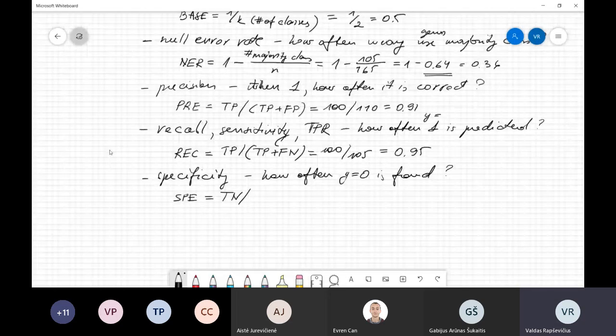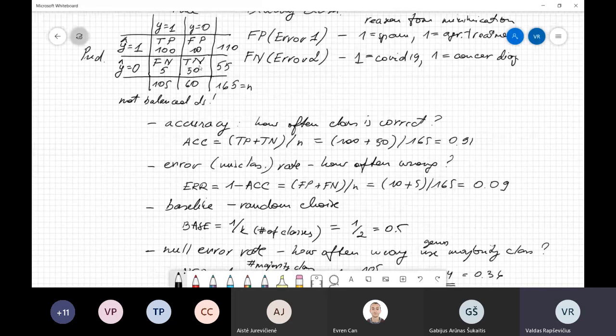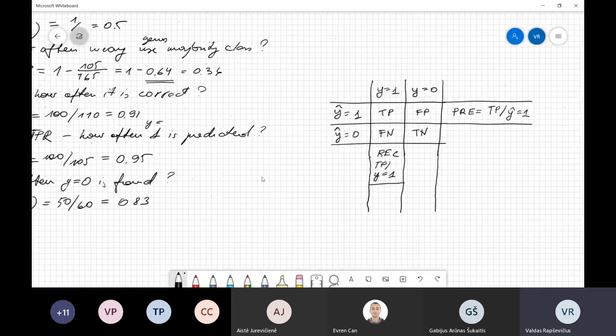True negatives divided by true negatives plus false positives, and this equals 50 divided by 60, which equals 0.83. And this actually falls into this cell. So this is specificity: true negatives divided by y equals 0.